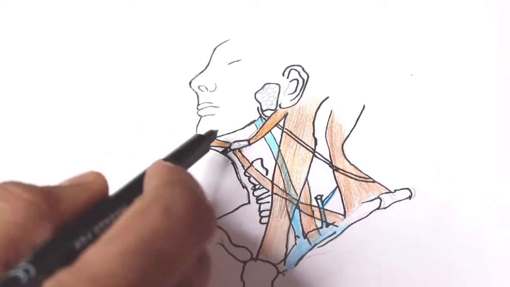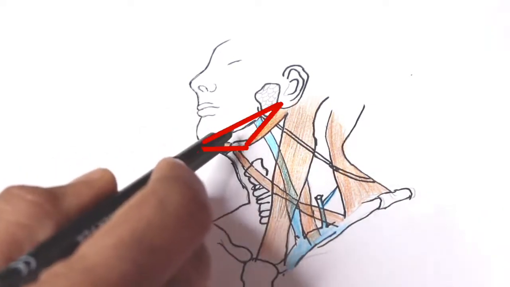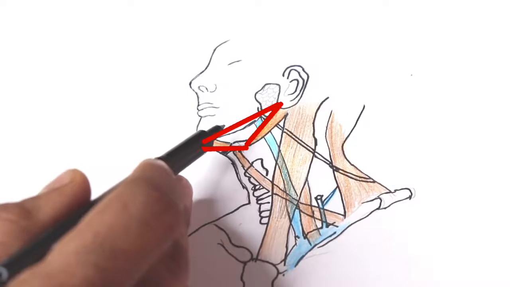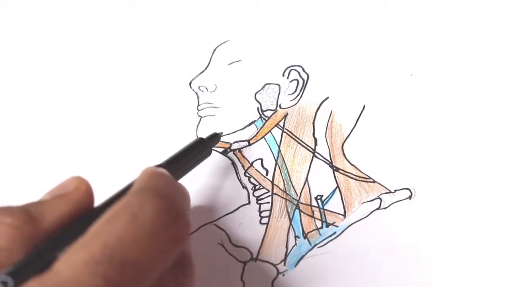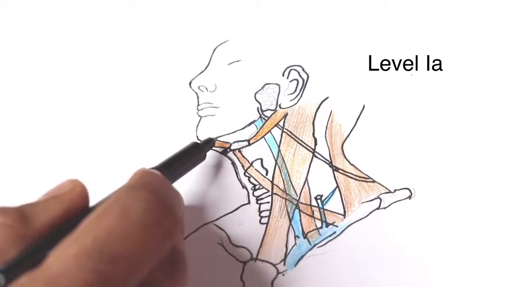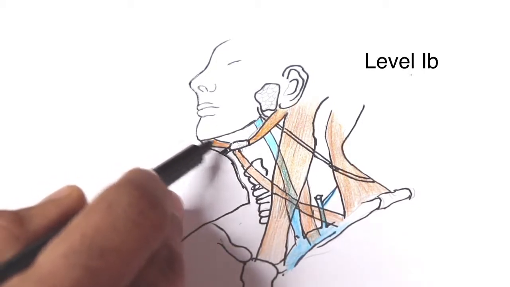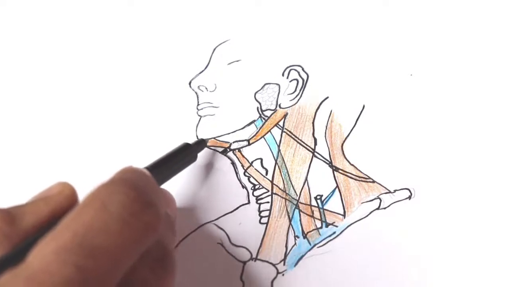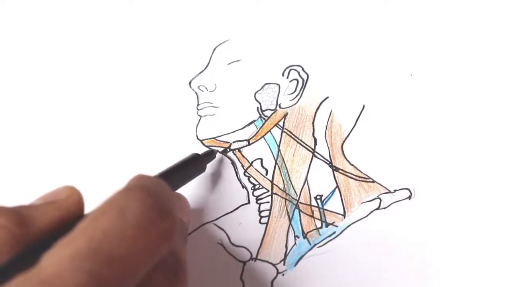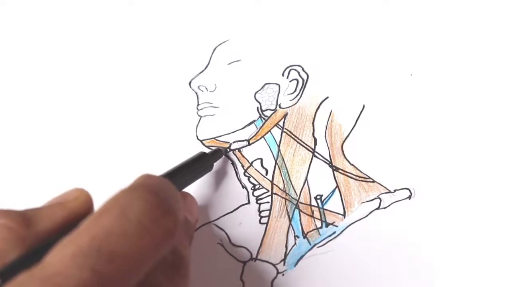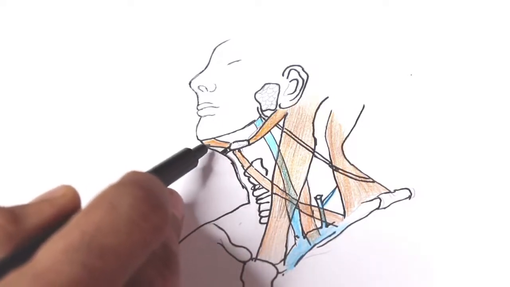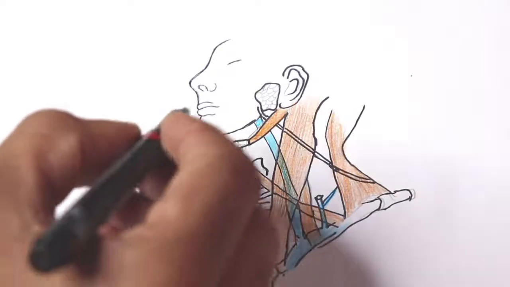Level 1 nodes are further classified as level 1A and level 1B. That is submental, which has boundaries like the anterior belly of the digastric, the hyoid bone and the midline. So this area is the submental.